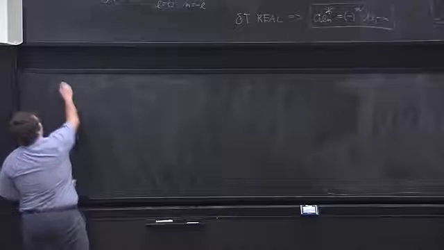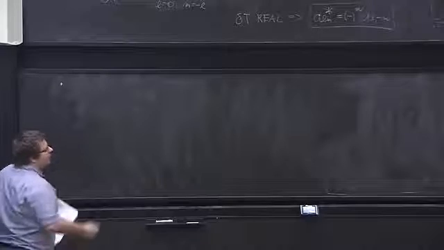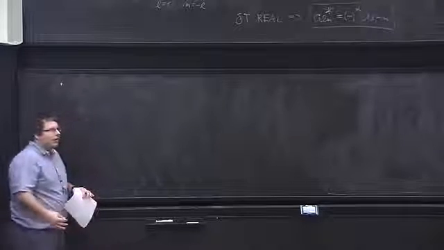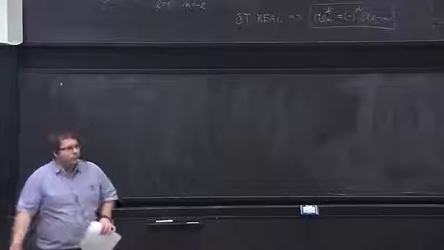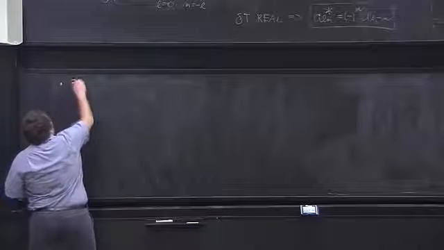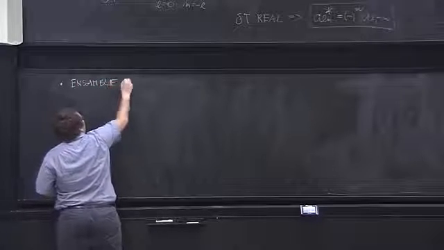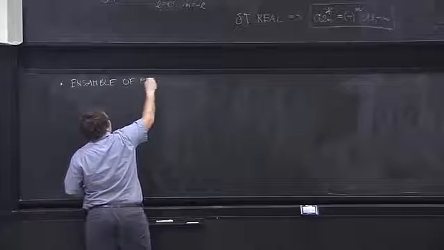If you want to create a theory for observing this, you simply say, well, let's consider an ensemble of possible universes. That's the first step.